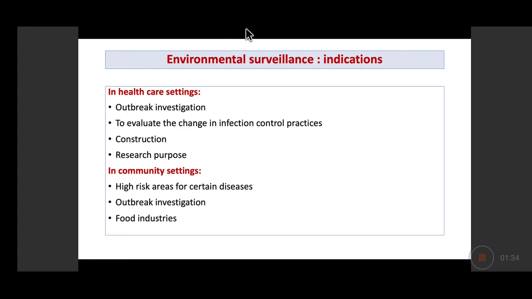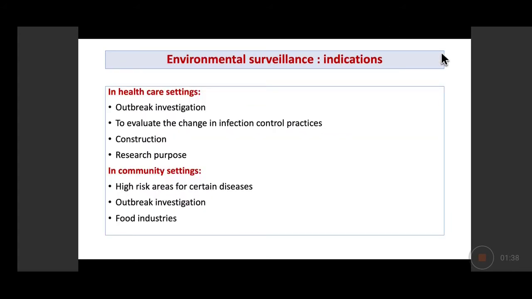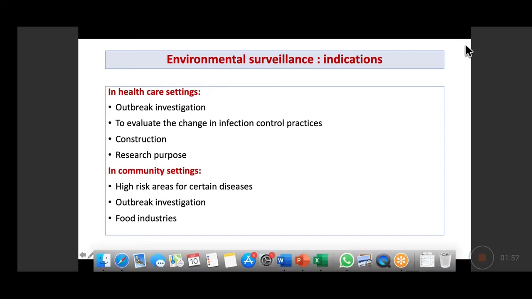Then third is when there is a construction in the hospital, so we want the environment to be clean, or we want to commission any new building or any new room that has been constructed recently in the hospital. So we want to check whether the environment is clean or not. Then again we do the environmental surveillance.